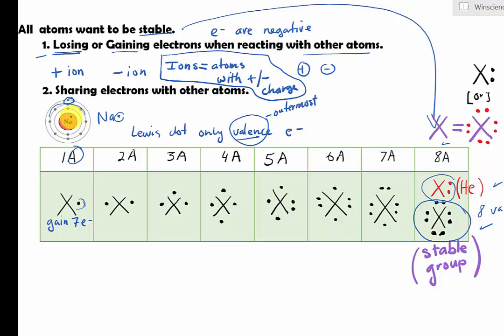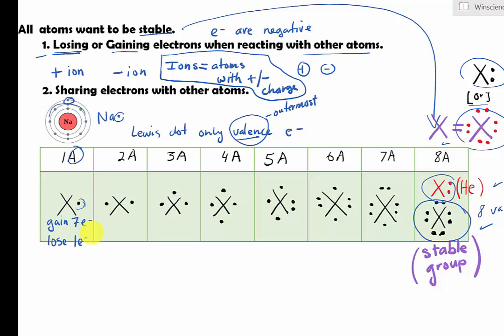So this one now becomes the outermost electron, which is 8. So it's going to lose this electron and it's going to have nothing. But that nothing right there is going to be like this. Why is that? Because the inner electrons are now exposed and become the valence electrons because that outer shell is no longer there. So the other option is to lose one electron.